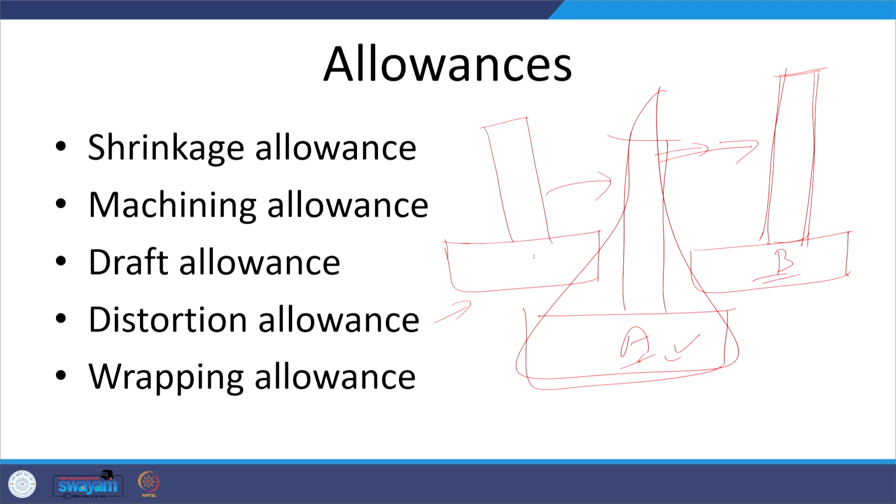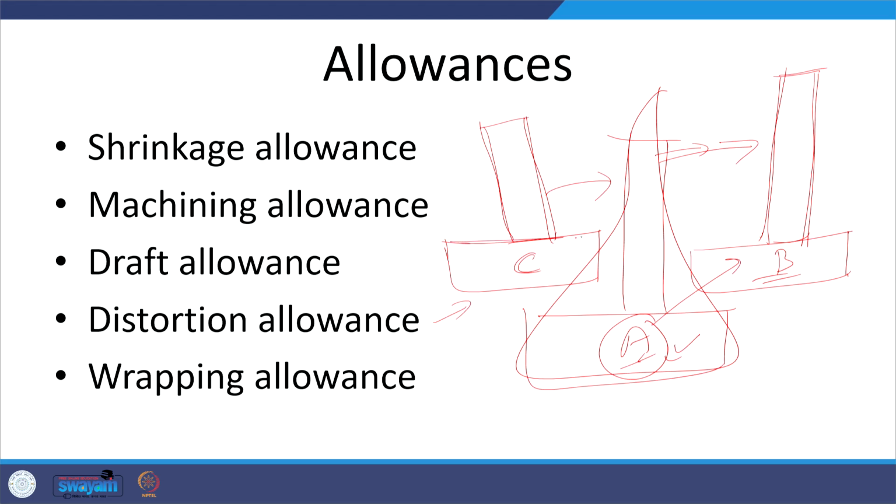So, the pattern is made in such a way that the shape is oriented in the direction opposite to that of the direction in which distortion was taking place. So, that when it shrinks and the distortion takes place, we get the normal, the desired product or component. So, we want A, but we are not able to get A, we get B due to the distortion tendency.